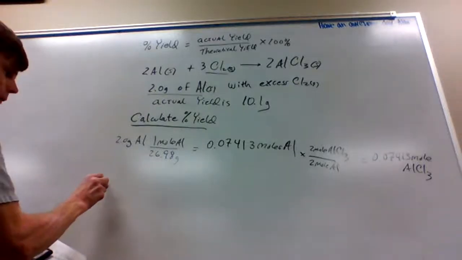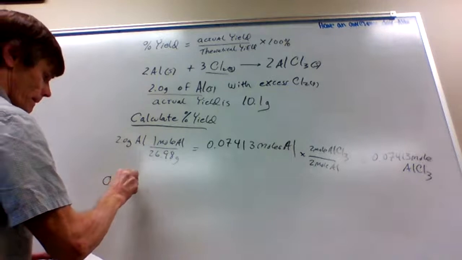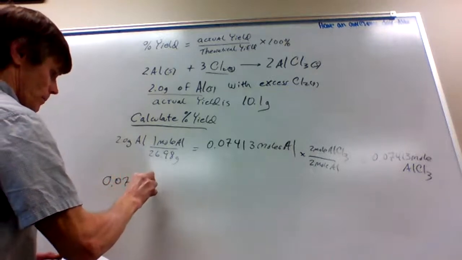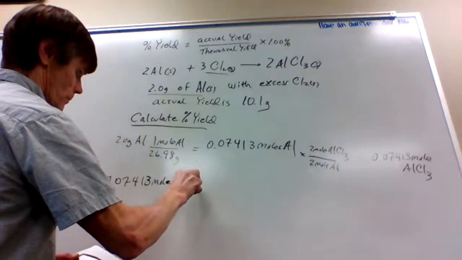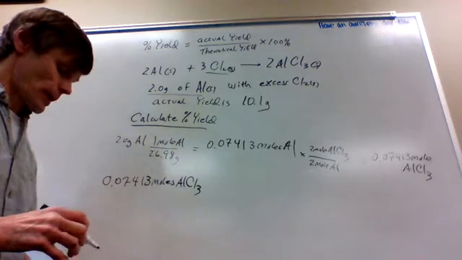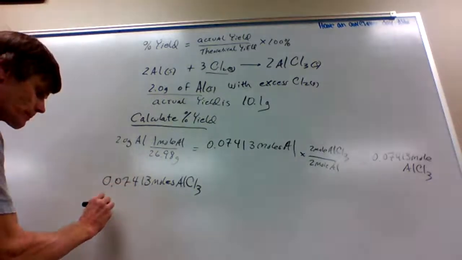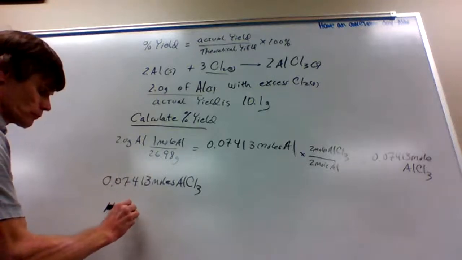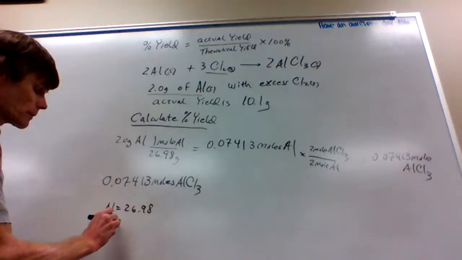Okay, now that we know the number of moles of aluminum chloride, let's convert that to mass of aluminum chloride. Aluminum chloride has 1 aluminum and 3 chlorine.